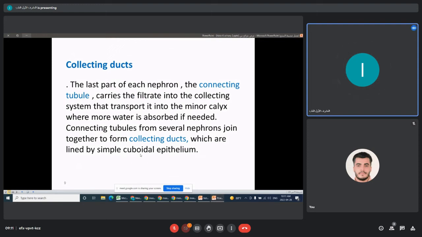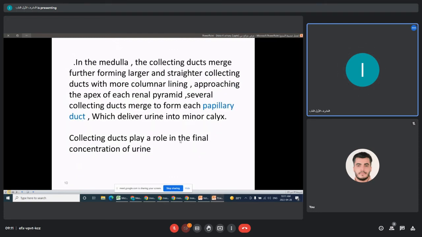So it begins as connecting tubule, and then collecting duct. This large duct, the collecting duct, will merge and become straighter and larger, with more columnar lining, until it reaches the tip of the renal pyramid, forming the papillary duct.